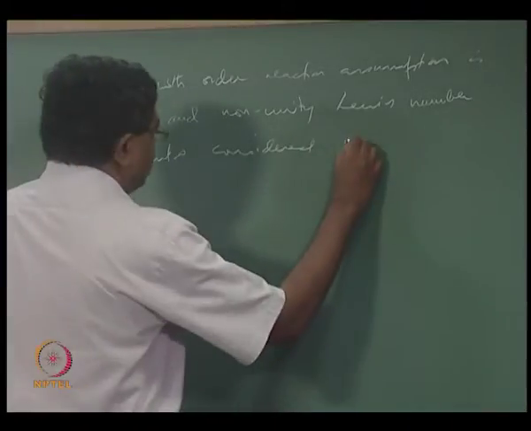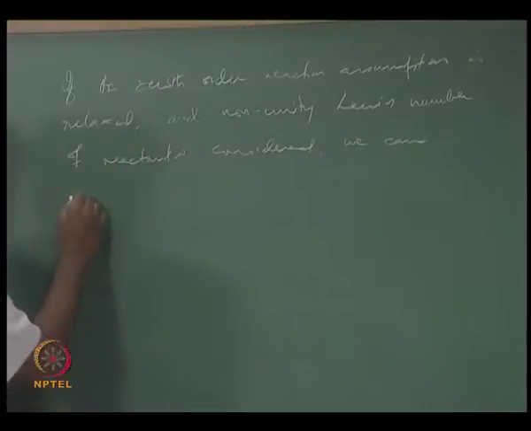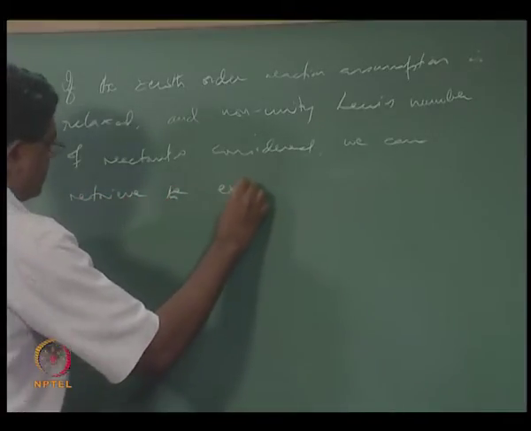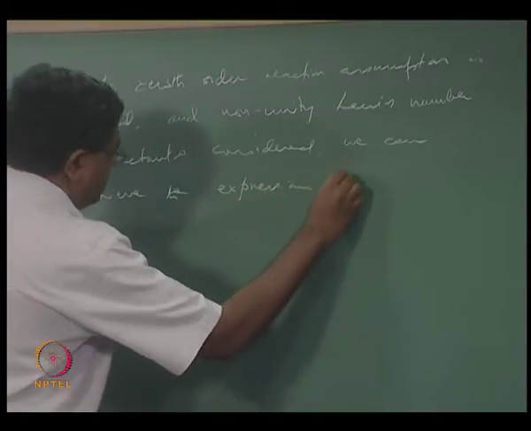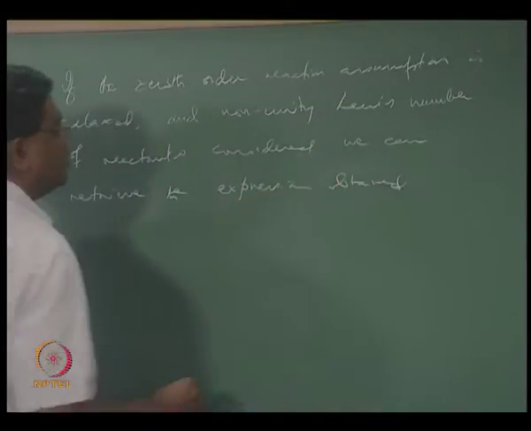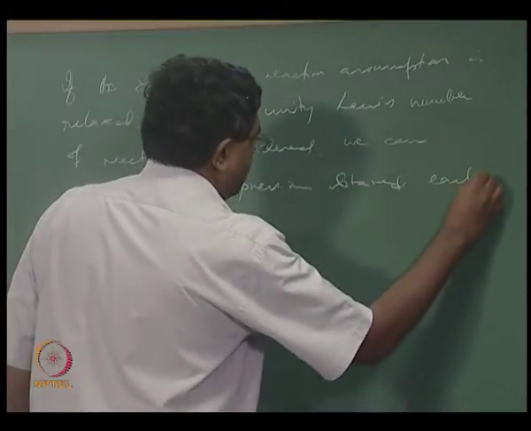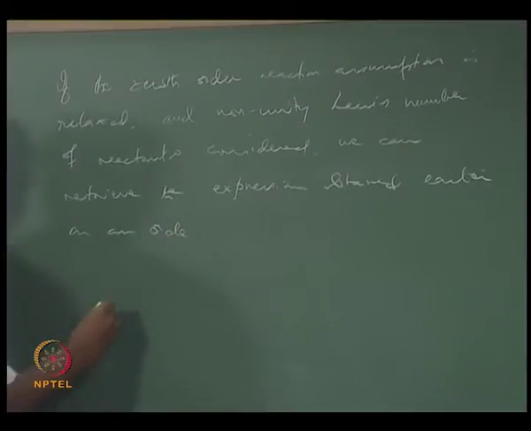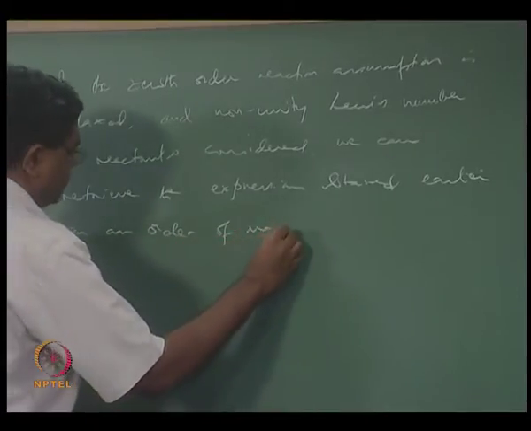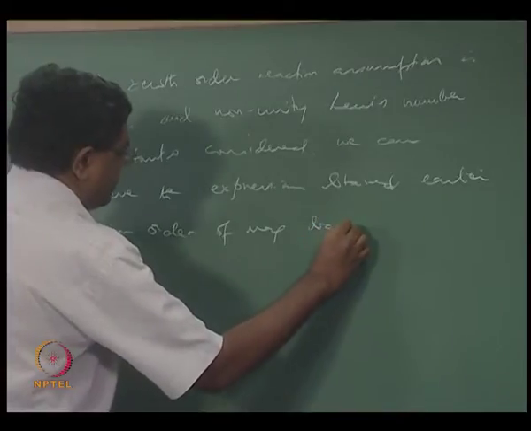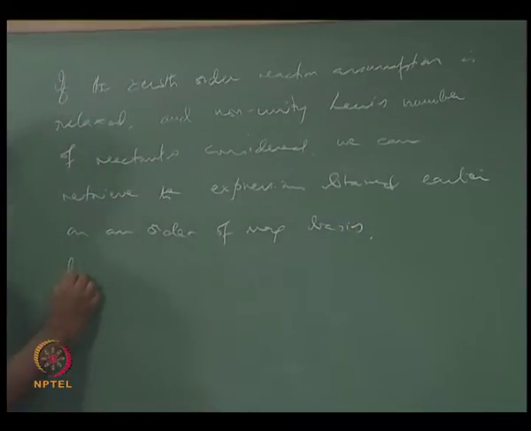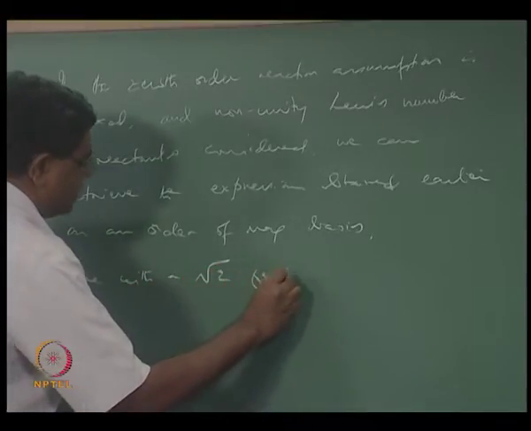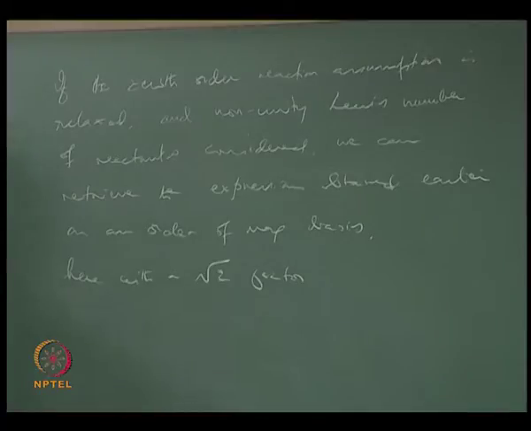We can retrieve the expressions obtained earlier on an order of magnitude basis, here with a square root of 2 factor, right. So we can get this.